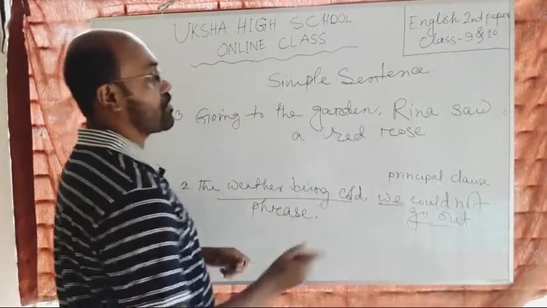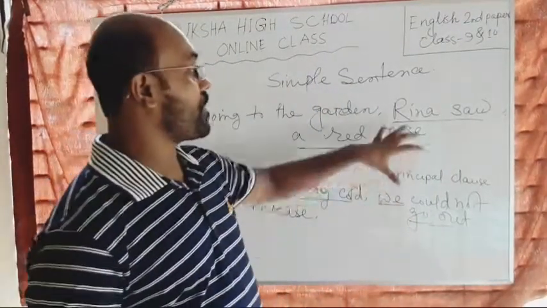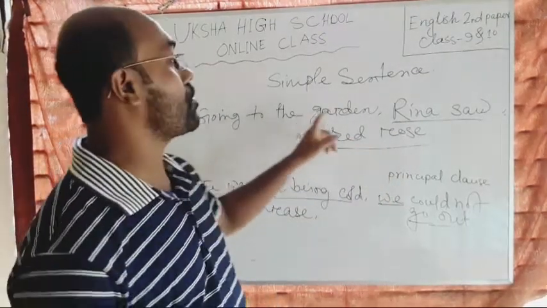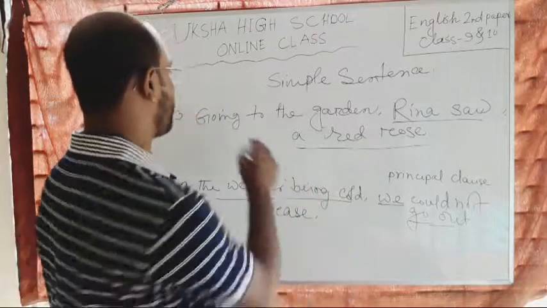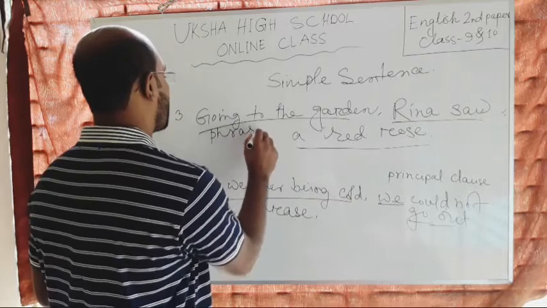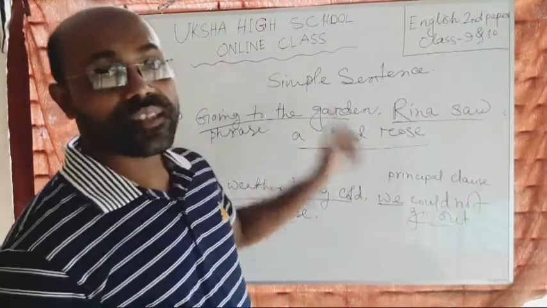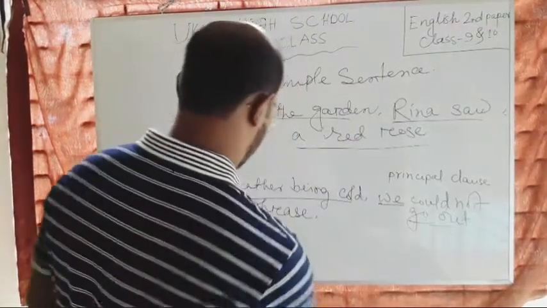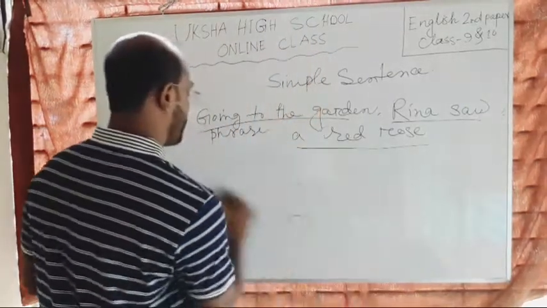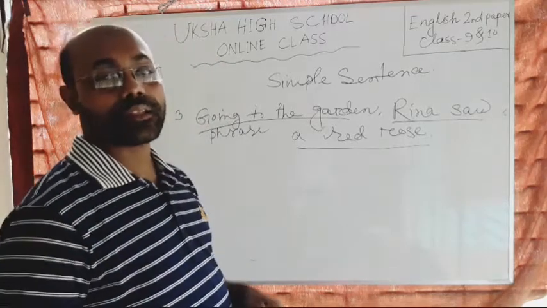Here in the sentence, Rina saw a red rose is the principal clause, and going to the garden is the phrase. So this is also an example of a simple sentence. I am giving another example.